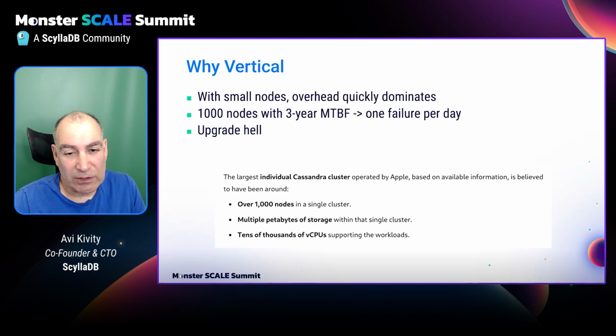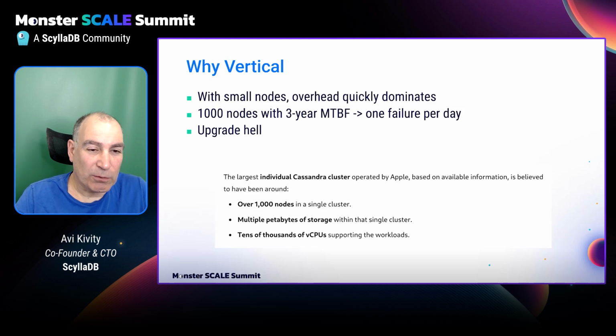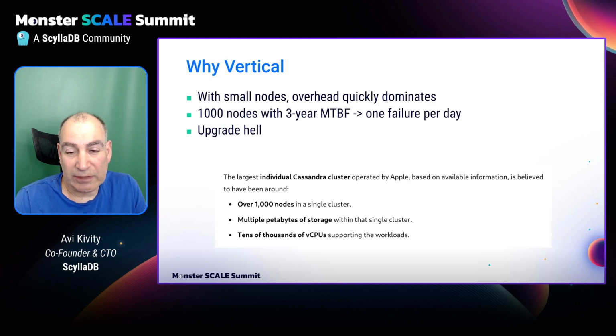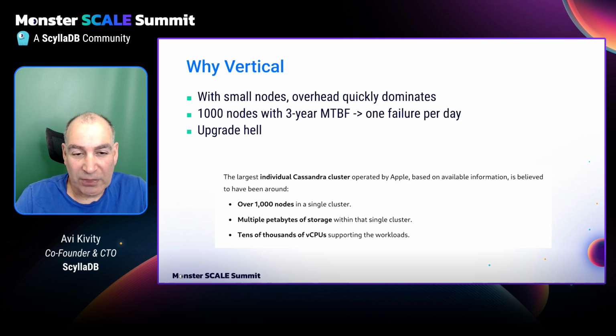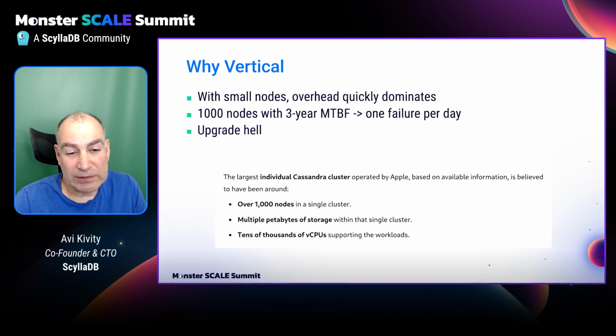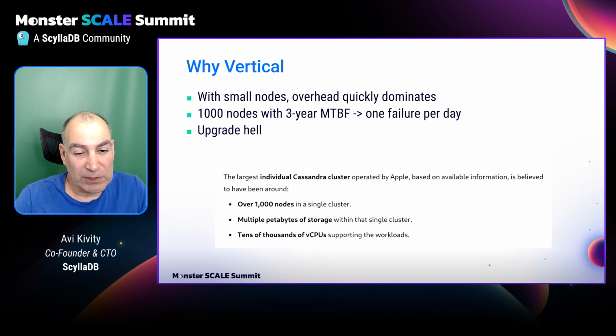And I asked some AI what the largest Cassandra cluster is, and it spat out that it's a cluster operated by Apple that has over 1,000 nodes and multiple petabytes of storage.